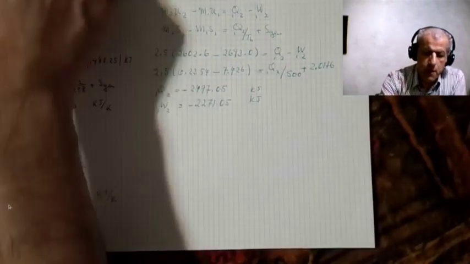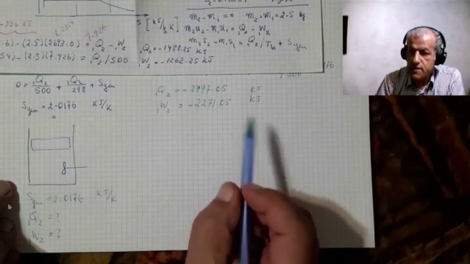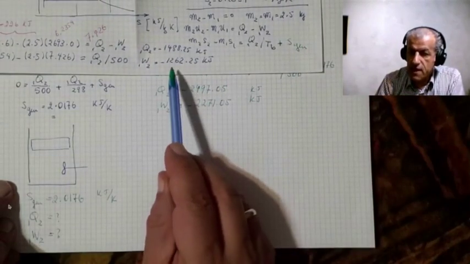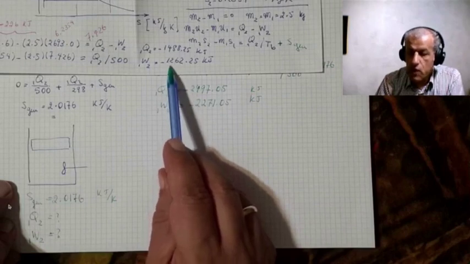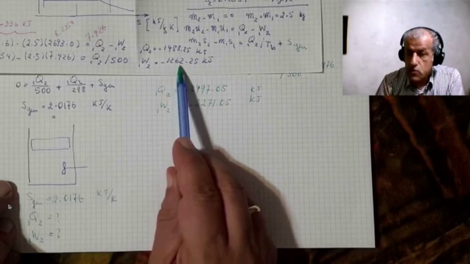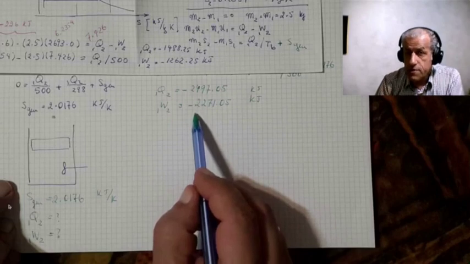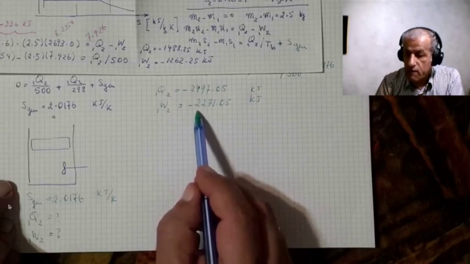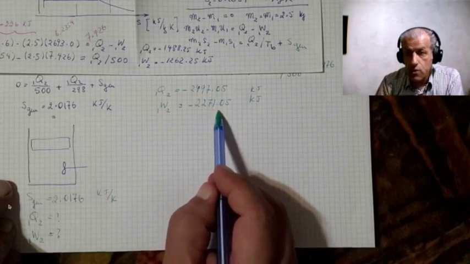Do you remember the values we had in the previous case? In the previous case, where it was reversible, we had only done 1262 kilojoules of work. Now, which is irreversible, we have done 2271 kilojoules.